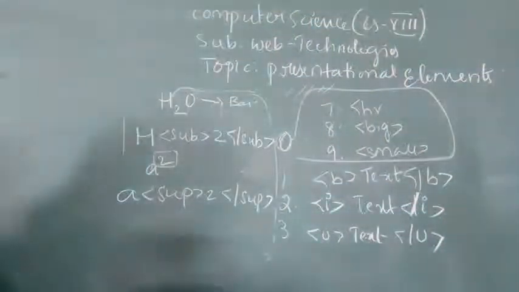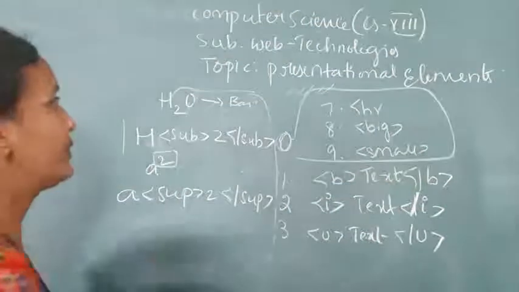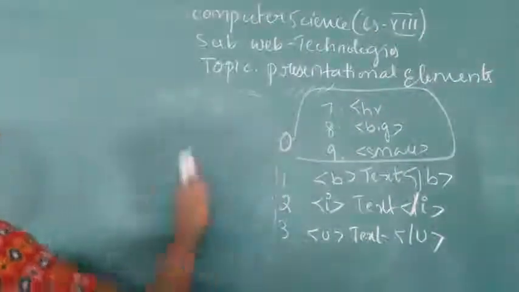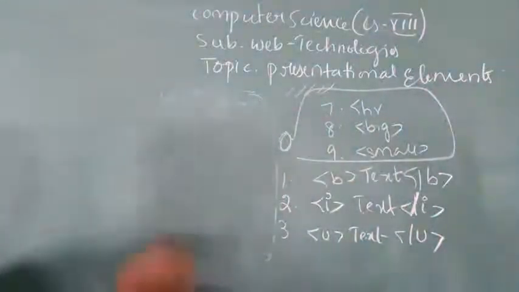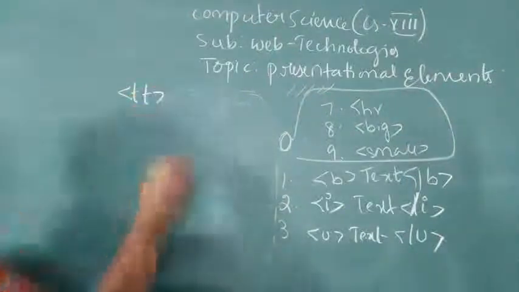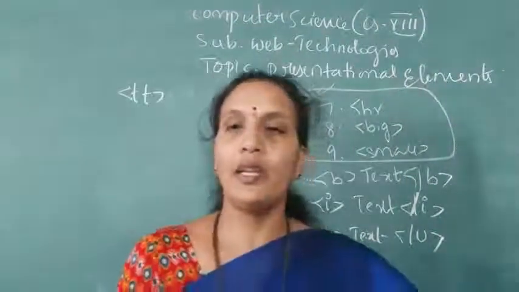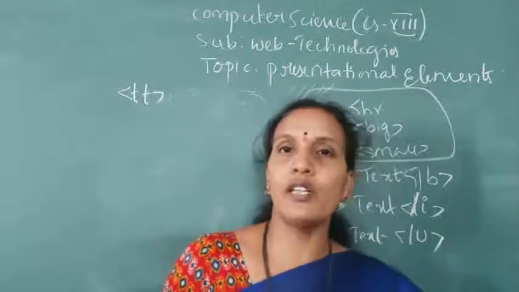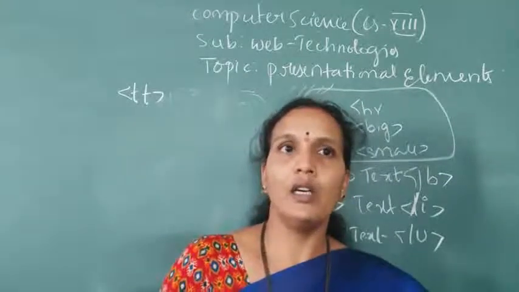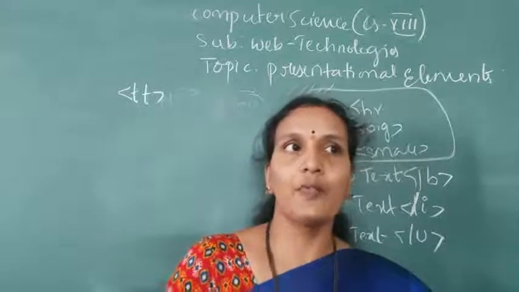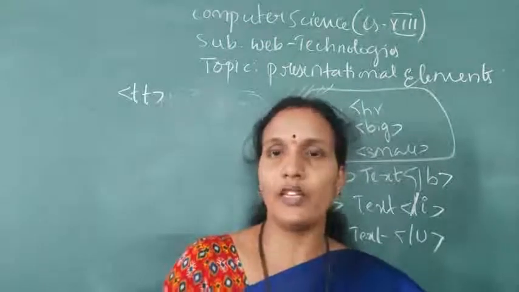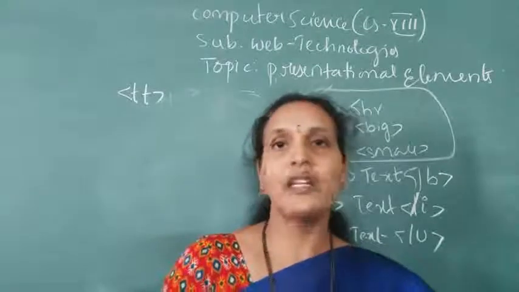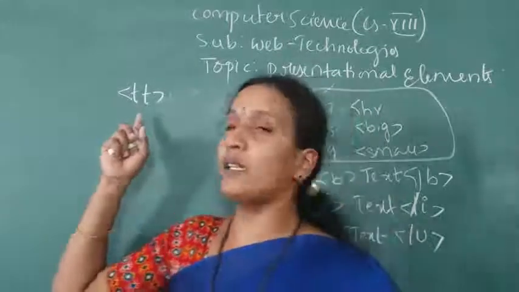The next one is the TT tag. What is a TT tag? This is also called typewriter text. It means if you want to display any text which is exactly like typewriter text, then we'll use a TT tag.